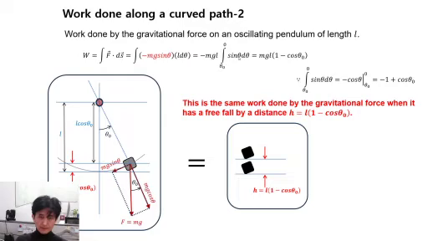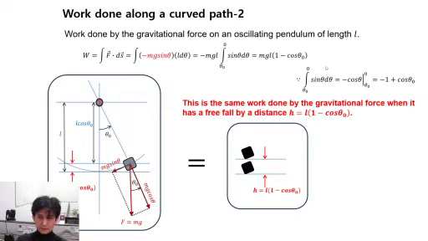The integral of sine is minus cosine, and from theta 0 to 0 it becomes minus cosine 0, that is minus 1, plus cosine theta 0. So putting this into the equation, we have mgL times 1 minus cosine theta 0. That is the work done by the gravitational force when it rotates from theta 0 to 0 angle.